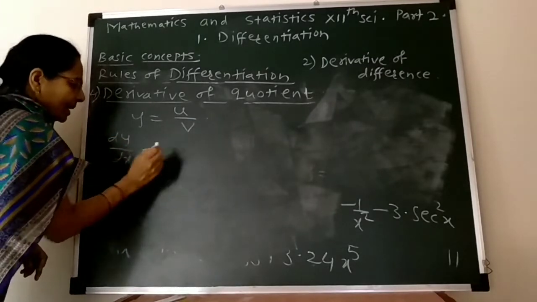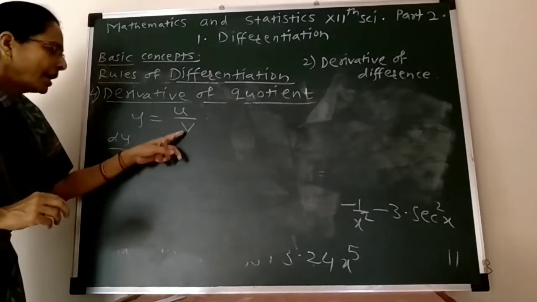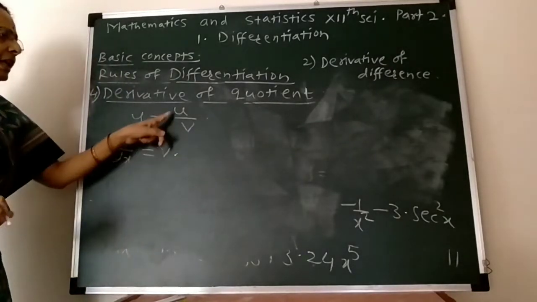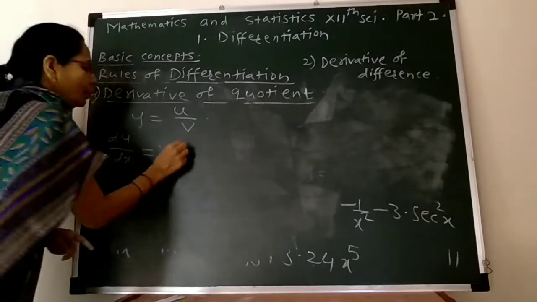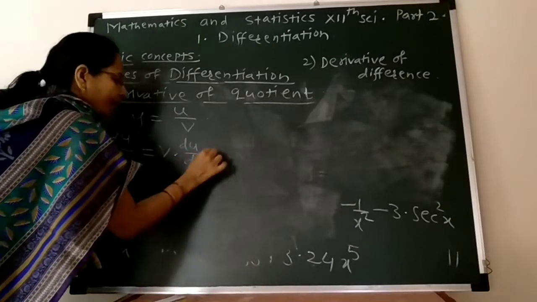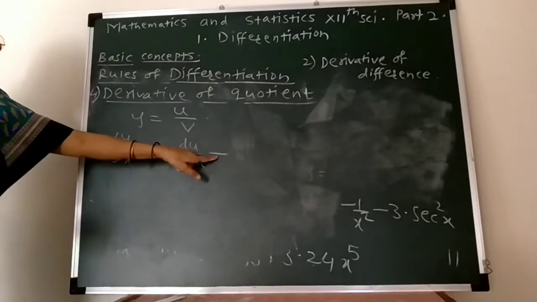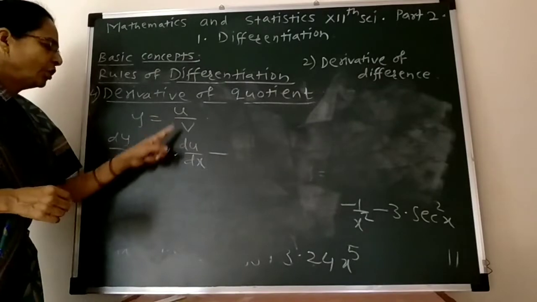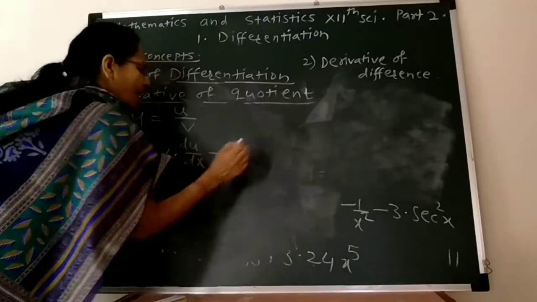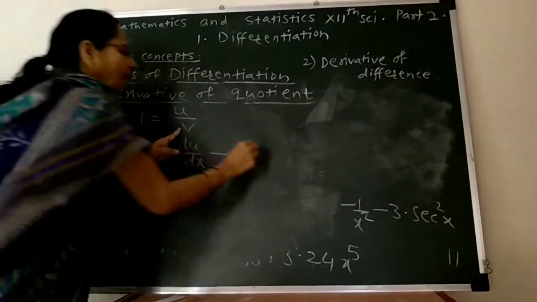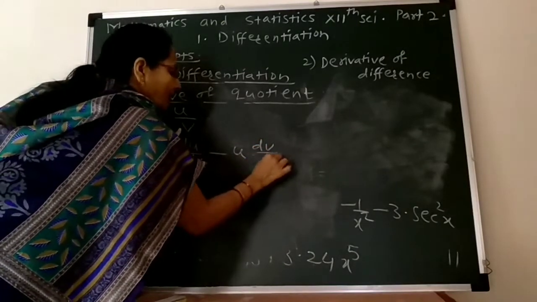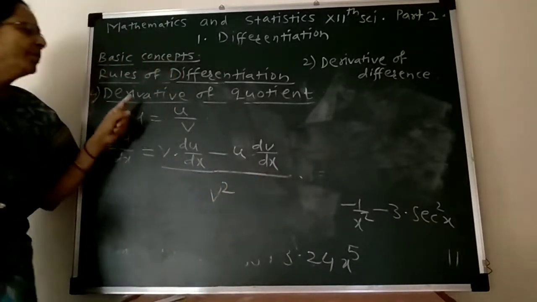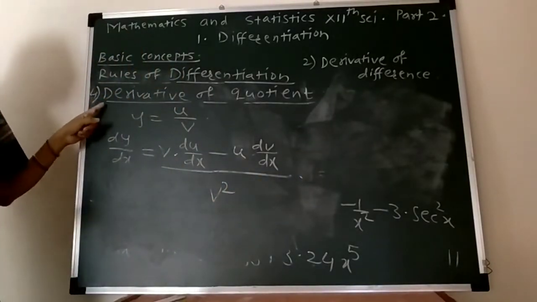So dy by dx is equal to, write v first, v, take derivative of u, du by dx, take minus sign, don't forget, then u as it is, derivative of v is dv by dx, upon v square. This is very important quotient rule for derivative.